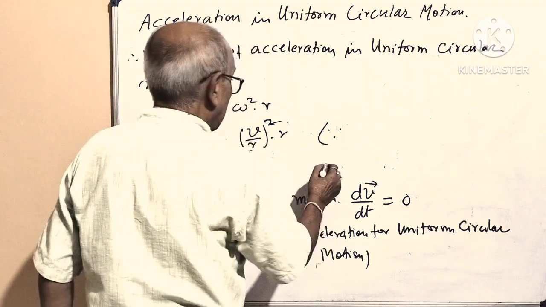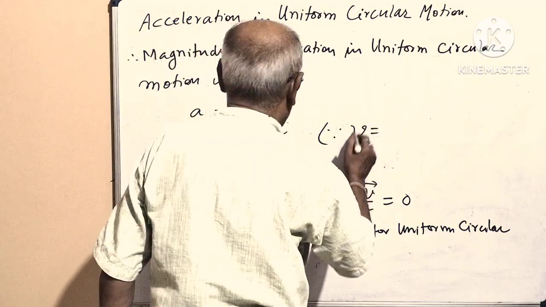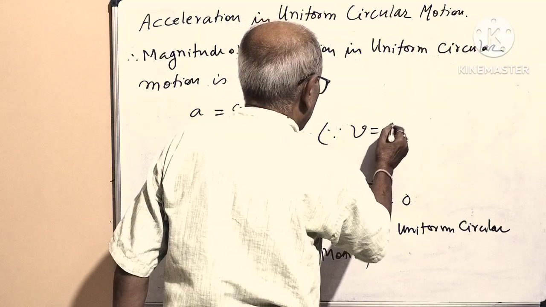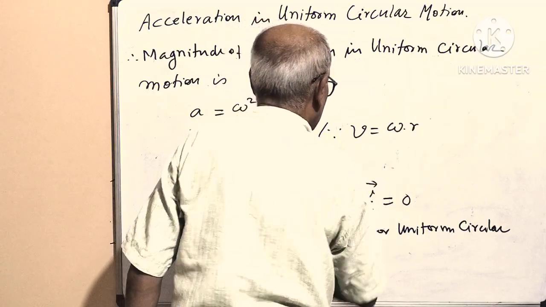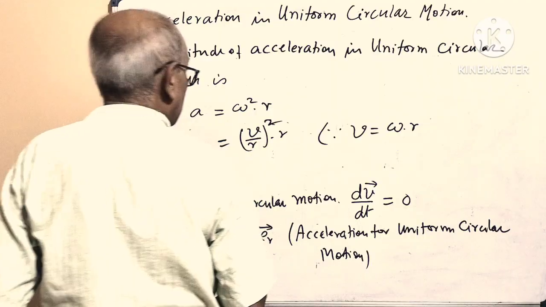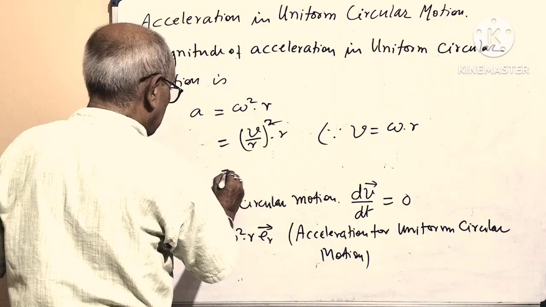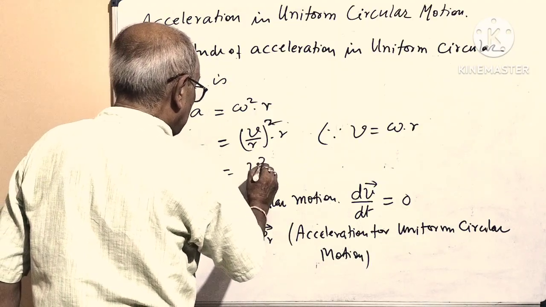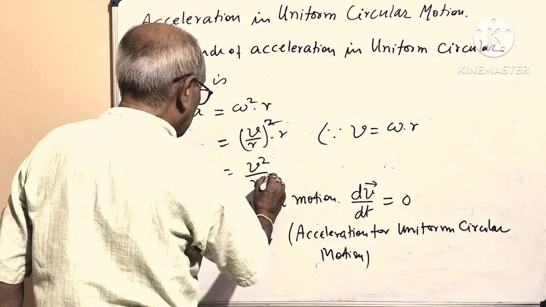Hence, a equal to omega square into r equal to v square upon r square into r.